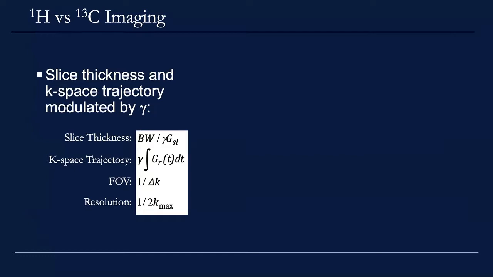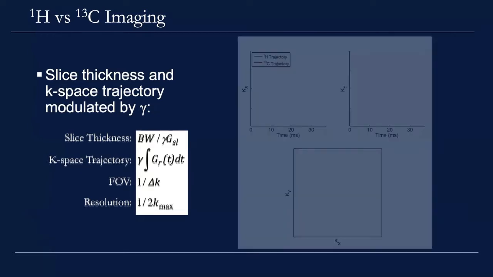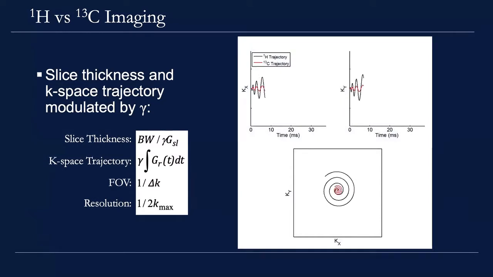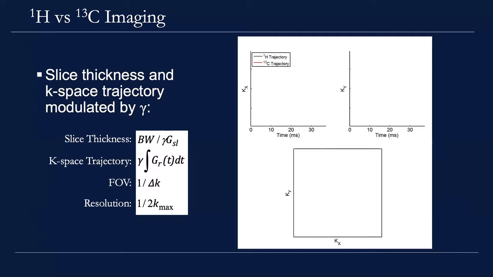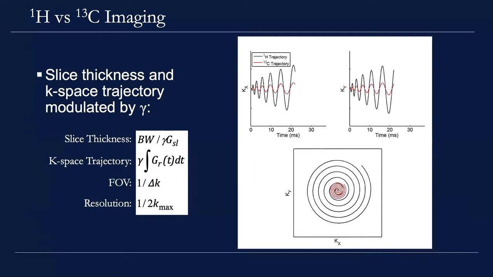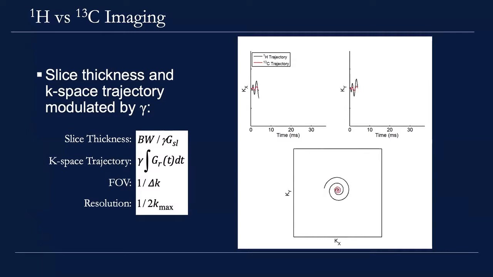So for the exact same gradient waveform that we play out, we cover K-space differently between proton and carbon because of that 4-fold difference in your gyromagnetic ratio. So because we cover K-space differently, it's going to impact our slice thickness, our field of view, and our resolution.